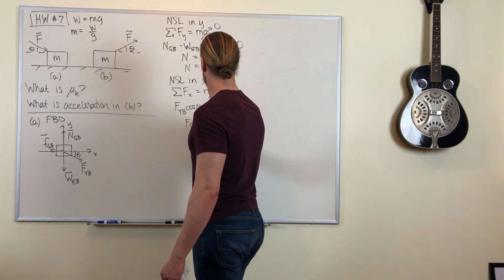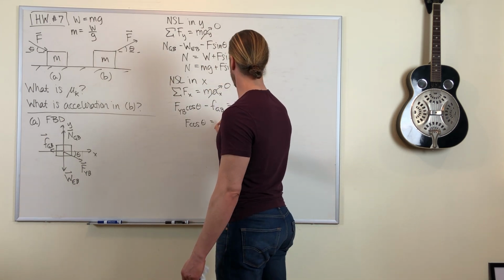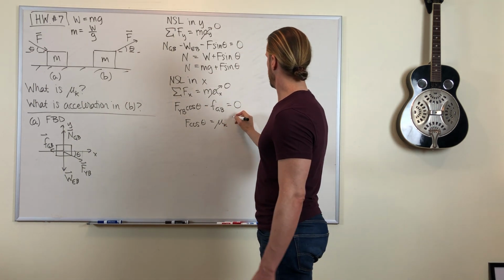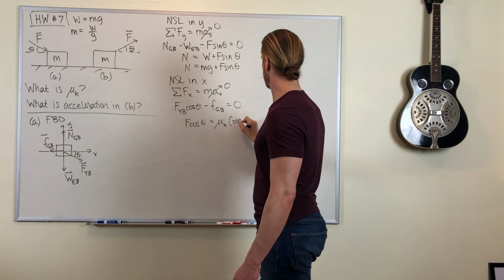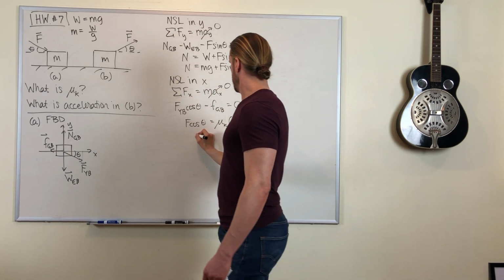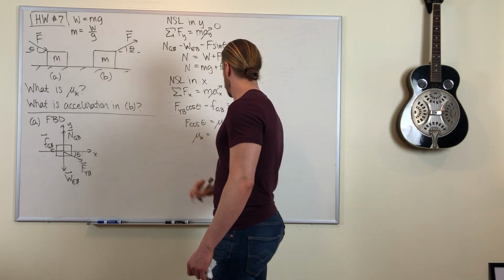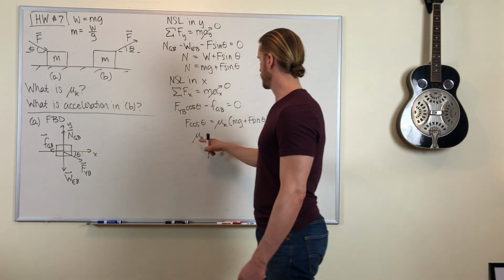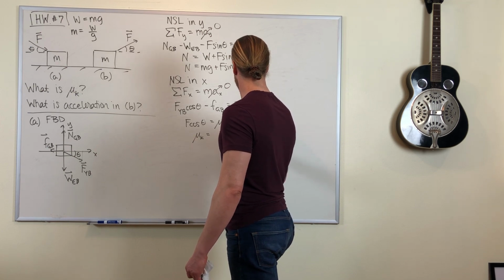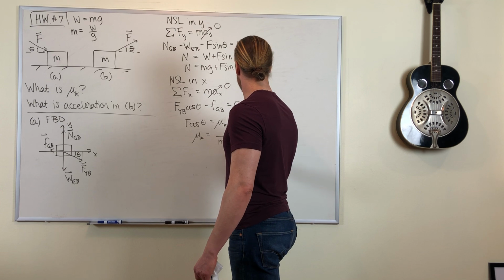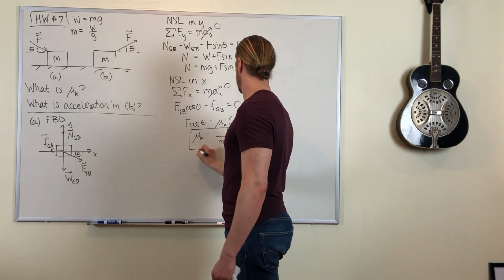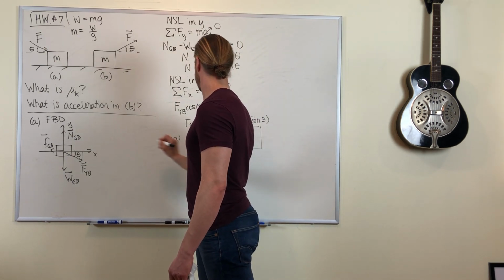So F cos theta equals friction force, mu times N, and we just figured out that N was mg plus F sine theta. So finally, we get an expression for the coefficient of friction. It is F cos theta over mg plus F sine theta. And that's your answer to part A.